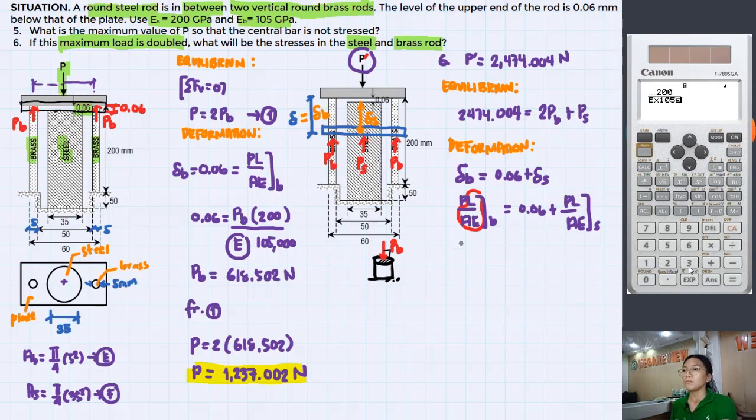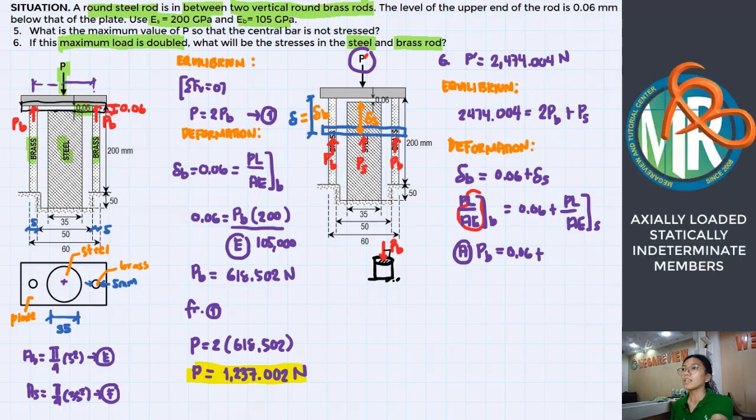So this one would be yung nakastore kay A na value times PB. Right? This equals 0.06 plus yung L over AE naman ng ating steel rod is store nyo naman kay B. Length of the steel rod, that is 250 millimeters.